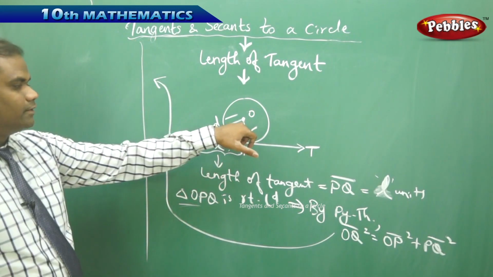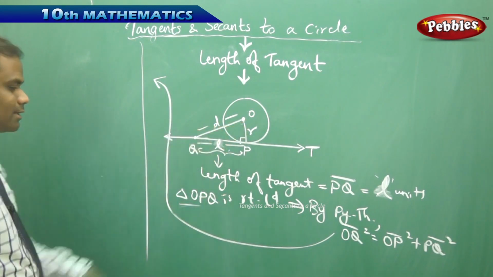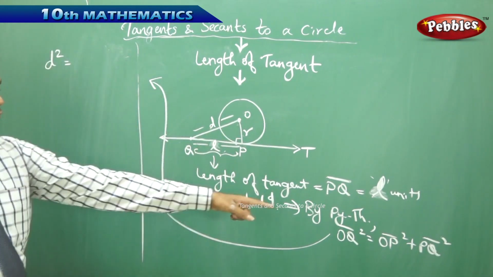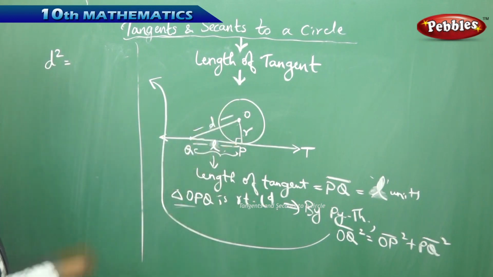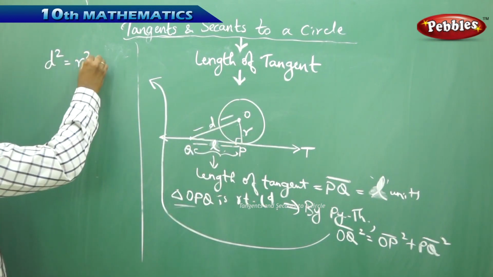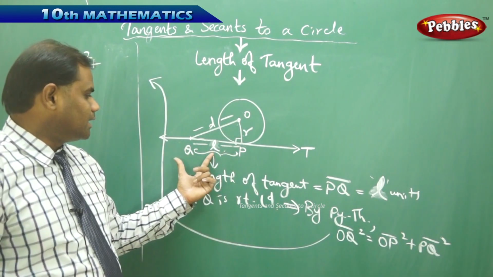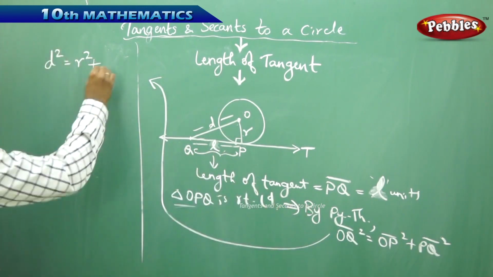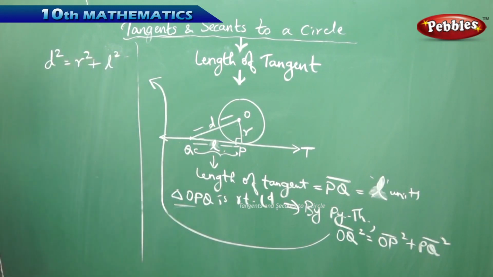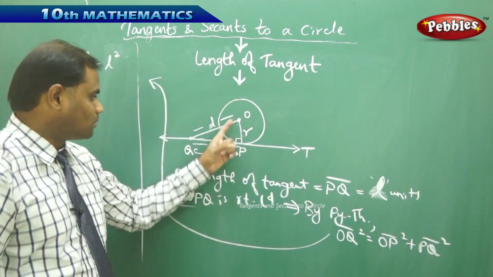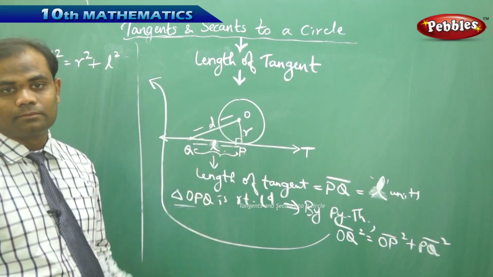OQ square, which is clearly OQ being D, reduces to D square equals. So here in place of OP, I have R, which I'm going to substitute on the right hand side as R square. Similarly, my PQ, which is clearly L, reduces to L square, is what I get when each of OQ, OP, and PQ are substituted from the right angle triangle OPQ.